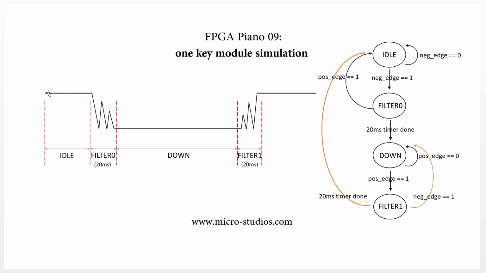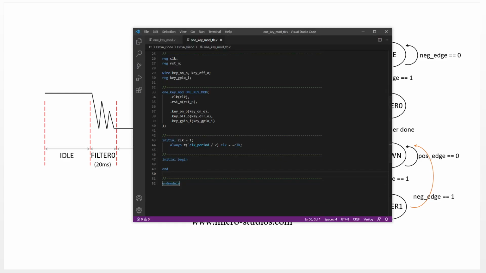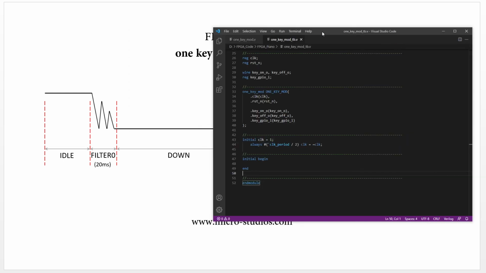First we need to initialize it at high level, and then we bounce it: change it to low level, then high level, low level, high level, and then keep it at low level. Keep it low level, and then bounce it again: high level, low level, high level, low level, and then keep it at high level. So we need to simulate this process. Okay, let's take a look at how we simulate it.